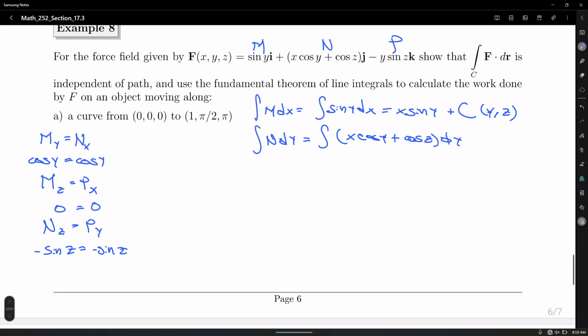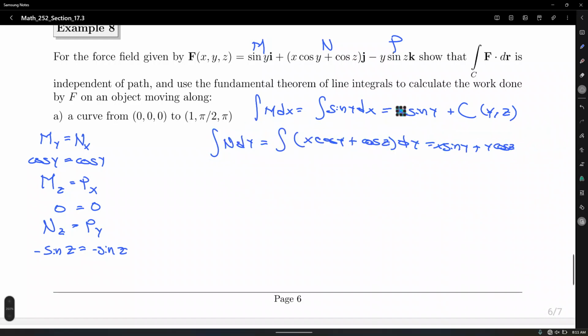The integral of cosine y is sine y, so that equals x sine y, and the integral of cosine z will be y cosine z, plus another constant of integration that depends on x and z.